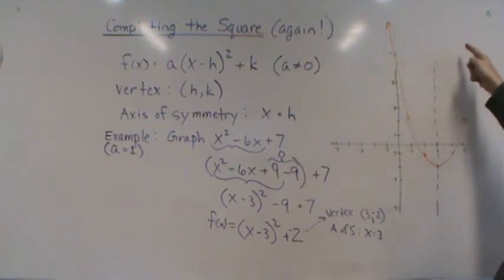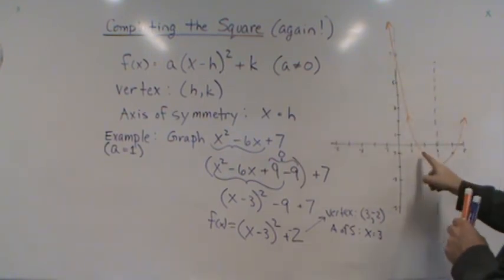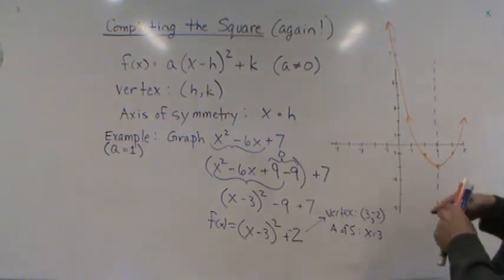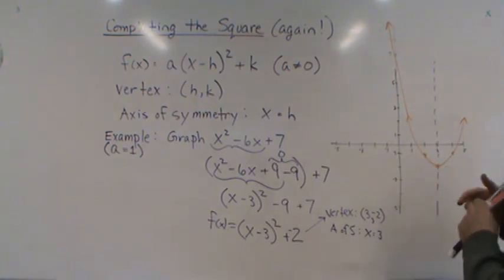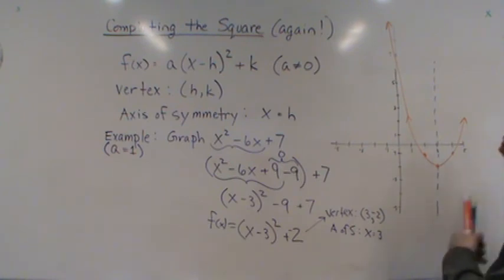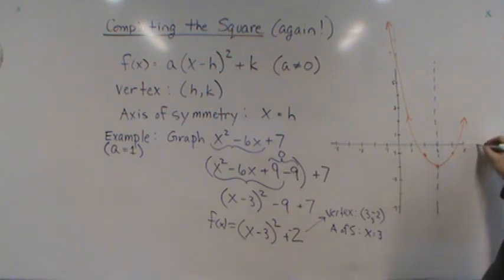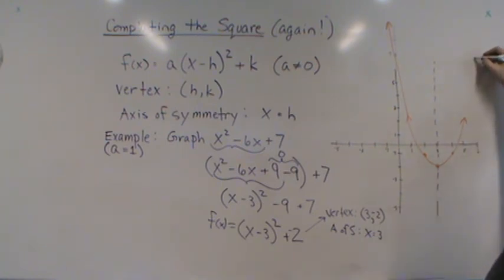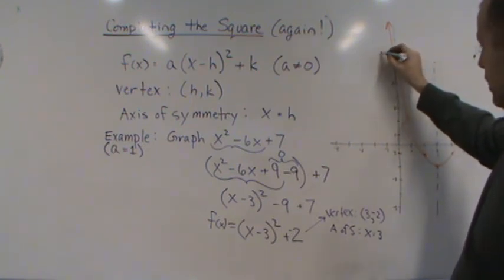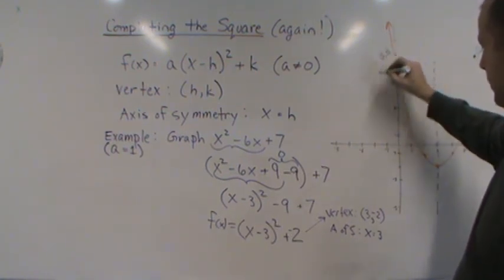The other point on the other side of this is going to be 3 units away. So that's going to be at 6. So it'll be here at 6, right? And it's going to be up at 7 as well. And so I know that there has to be another point at 6, 7. Because this one is at 0, 7.